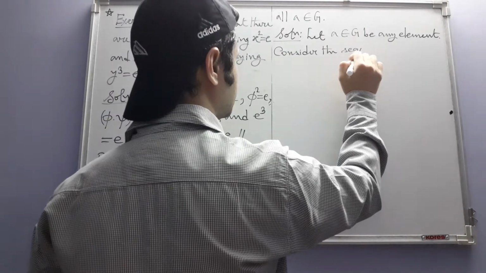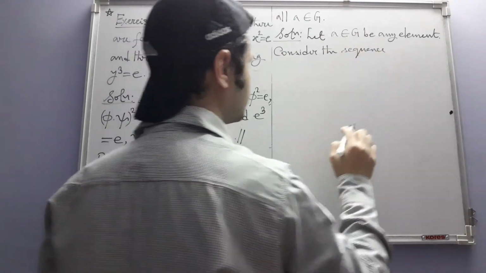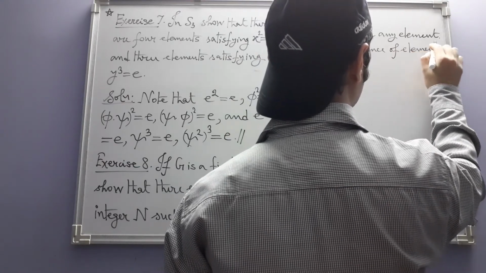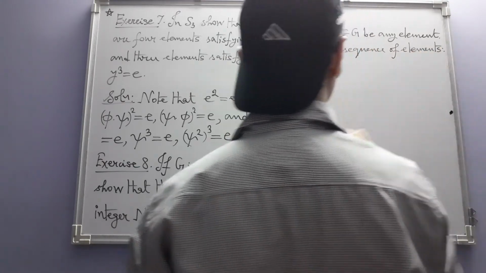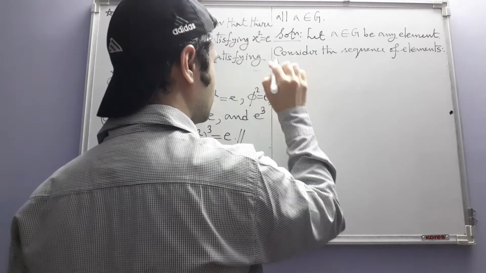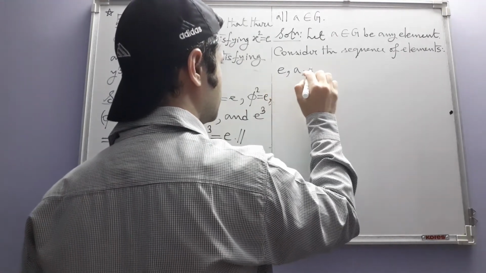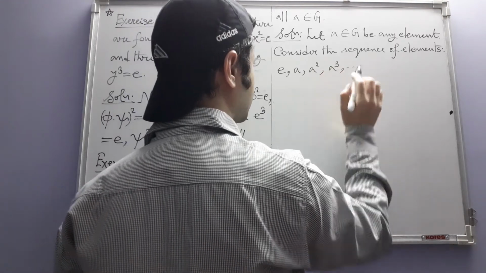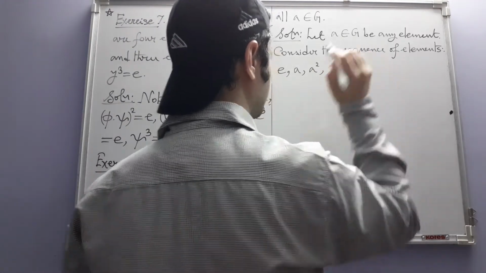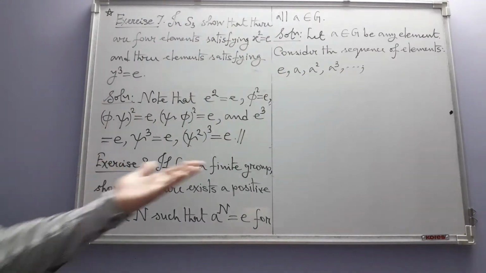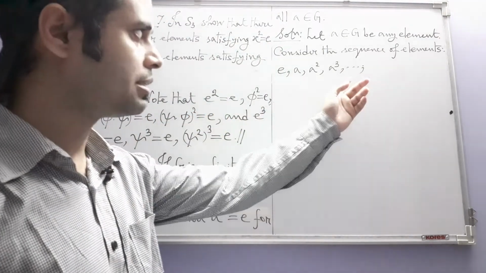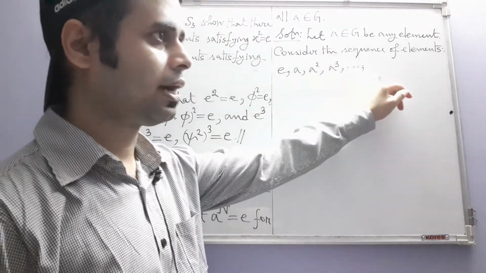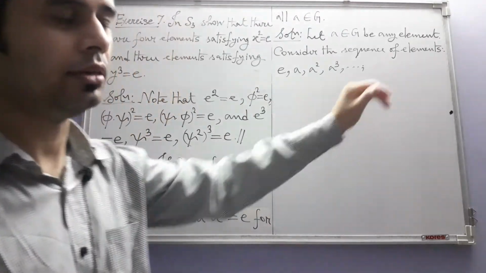Consider the sequence of elements E, A, A square, A cube, etc. It goes on. Okay, it's a sequence, means it does not end. It goes on with higher and higher powers of A.